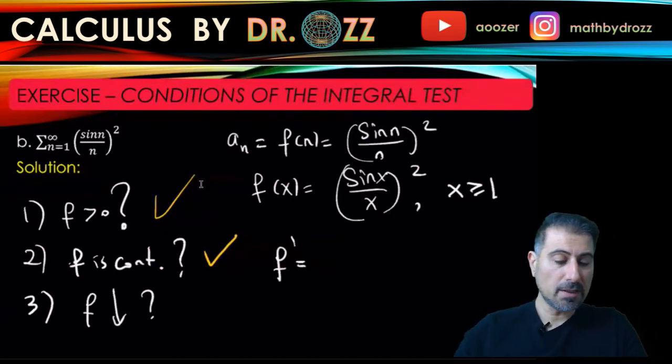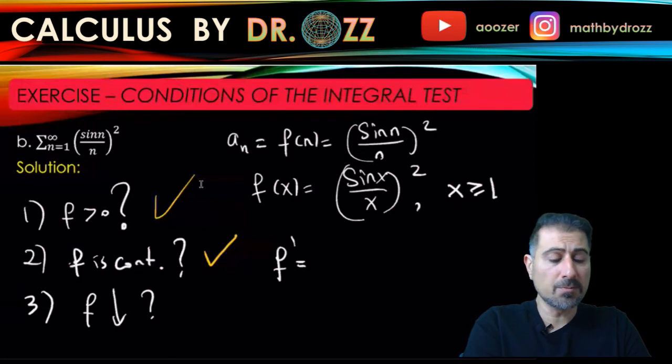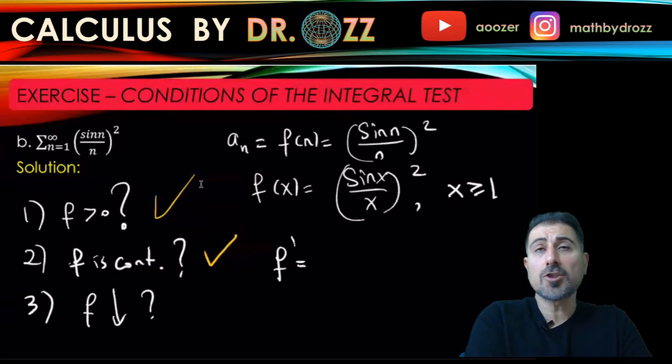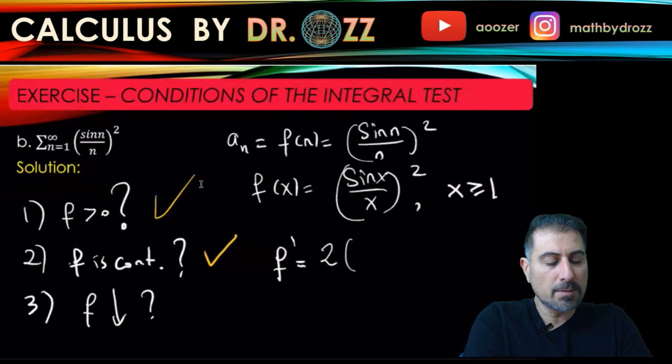So why don't we use the chain rule to take the derivative of this function, because the inner function is sine x over x, and the outer function is taking the square. So you put the 2 down: 2 times the inner function times the derivative of the inner function, right?